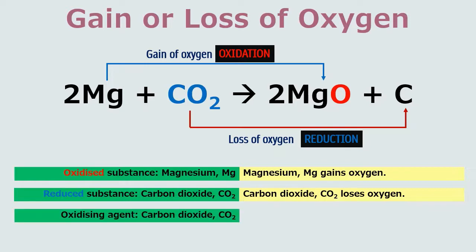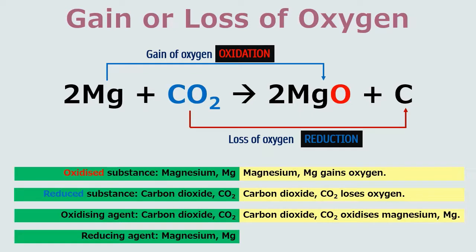Carbon dioxide is the oxidizing agent because it helps magnesium undergo oxidation, while magnesium is a reducing agent because it helps carbon dioxide undergo reduction. Both reactions, oxidation and reduction, occur simultaneously. That's why these reactions are considered redox reactions.